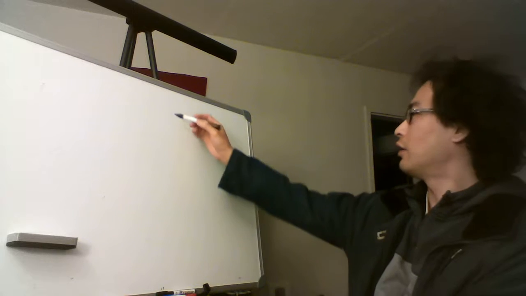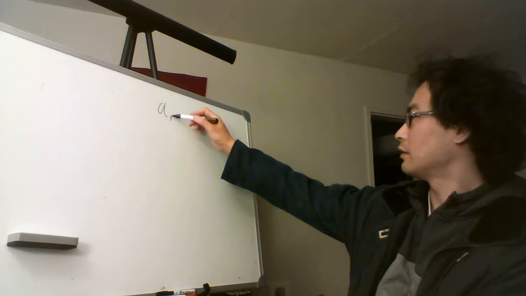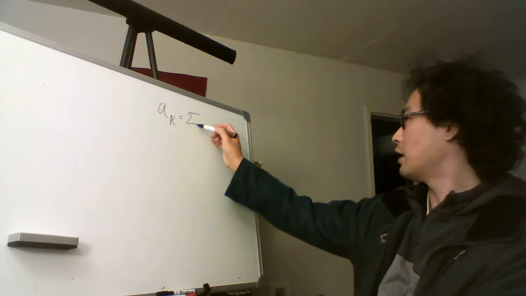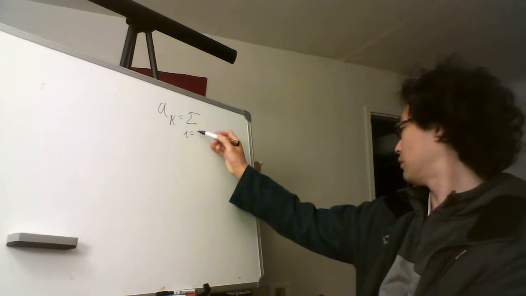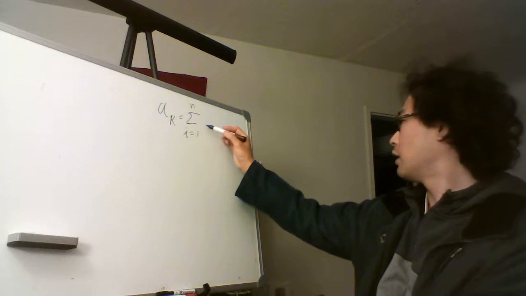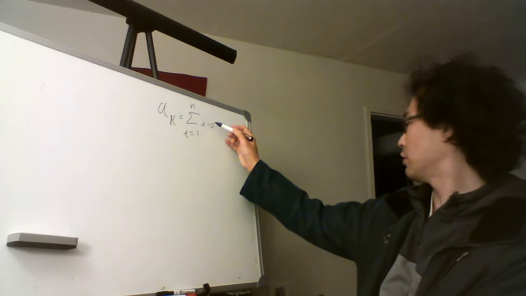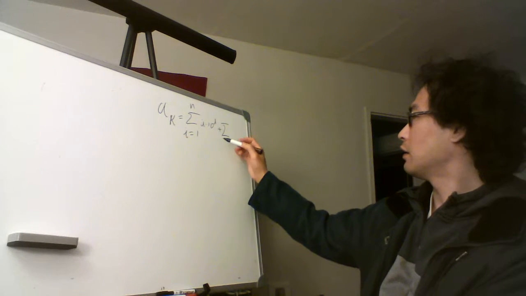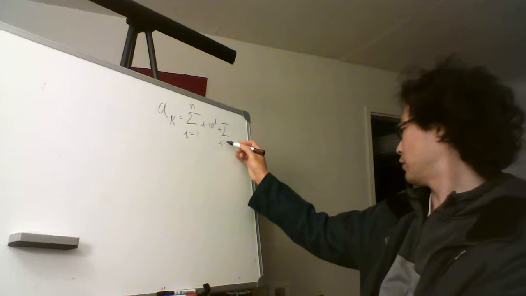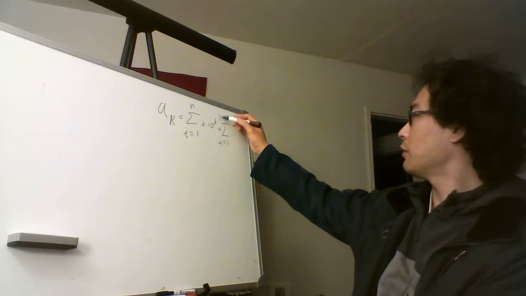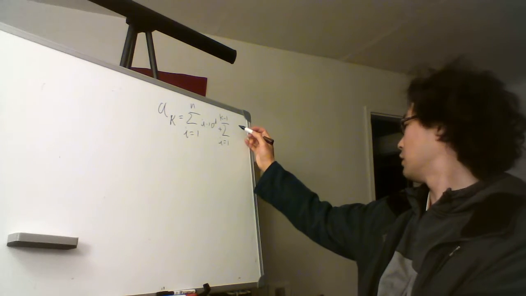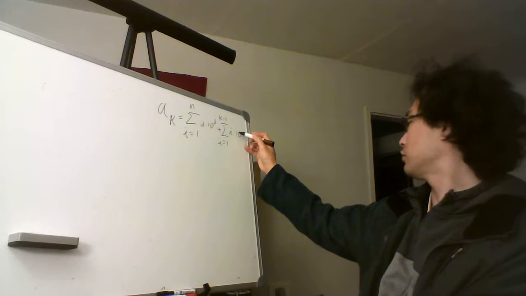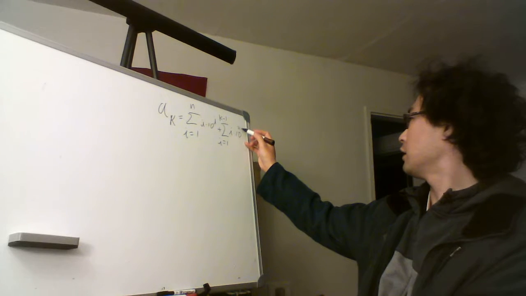So we have a_k equal to the sum over i from 1 to n of i times 10 to the i, plus the sum over i from 1 to k minus 1 of i times 10 to the 2k minus i.